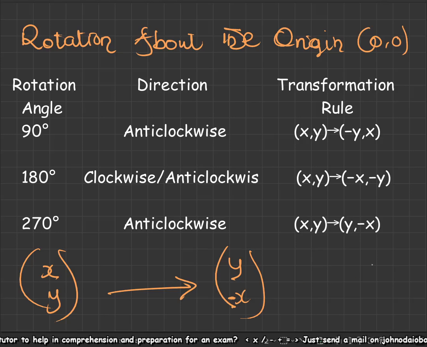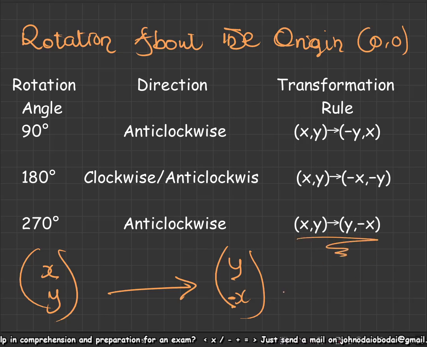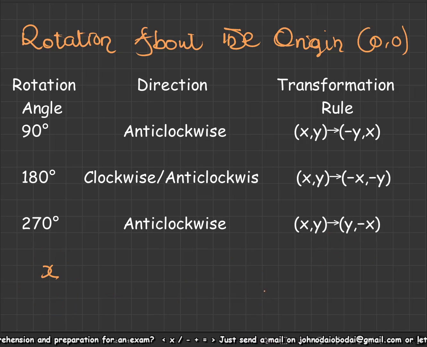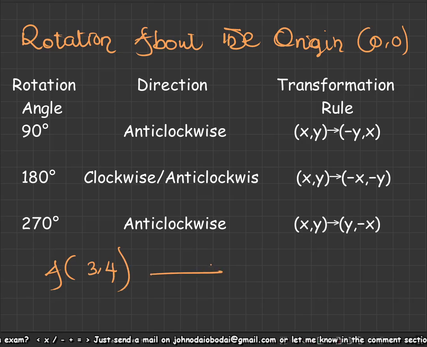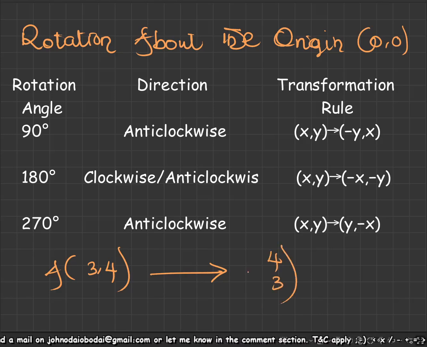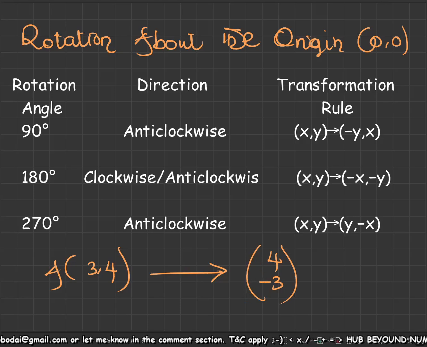That is the rule. How do we put this into practice? If you have A with coordinates 3, 4, and you want to rotate it anti-clockwise 270, we interchange our values first, after which we negate our new y value.